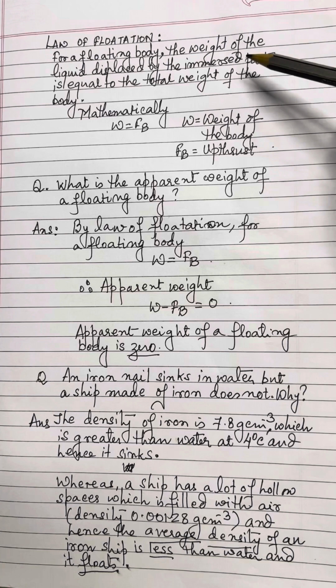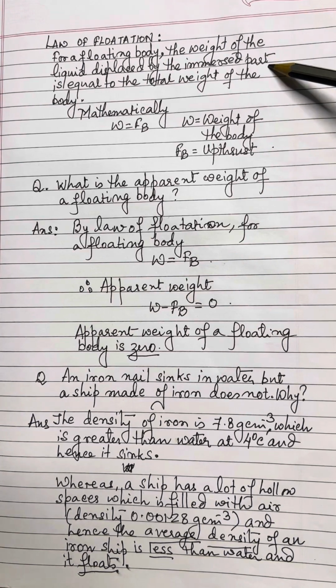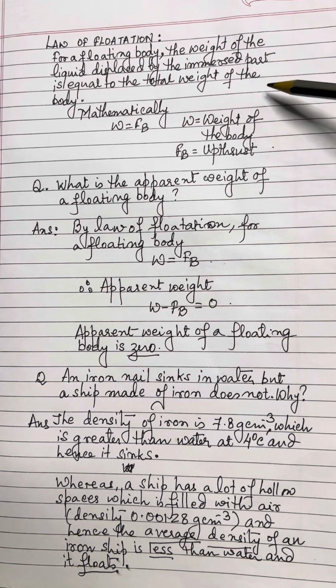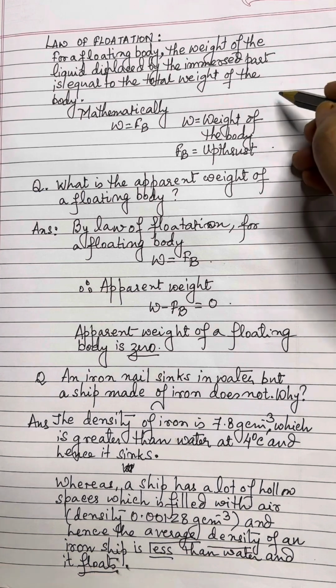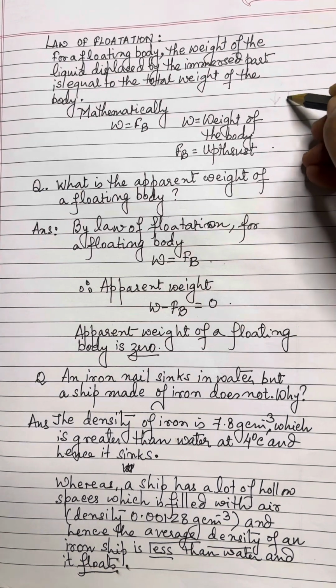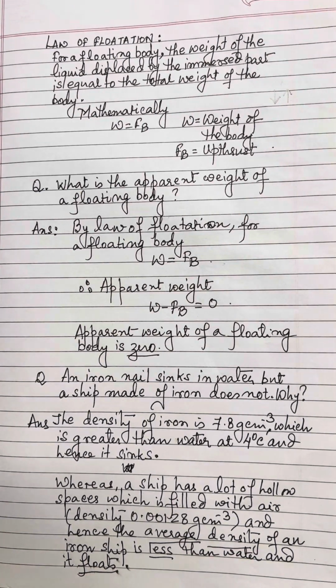Now we shall discuss the law of flotation. When will a body float on any liquid? When a body is placed on a liquid and it floats, then obviously the downward force and the upward force must be equal.